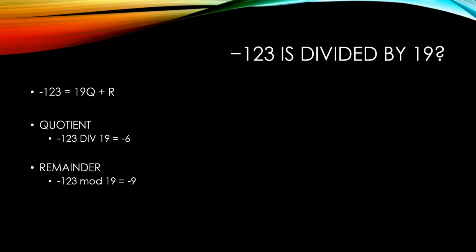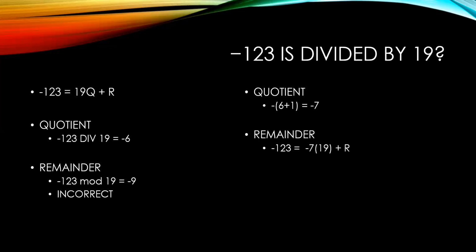So how are we going to correct this? Instead of negative 6, we're going to add negative 1 to it. So that will be the correct quotient. Why? Because don't forget, we have a different treatment for negatives. To correct the remainder, we're going to add 1. Using the division algorithm, this will be the new equation.